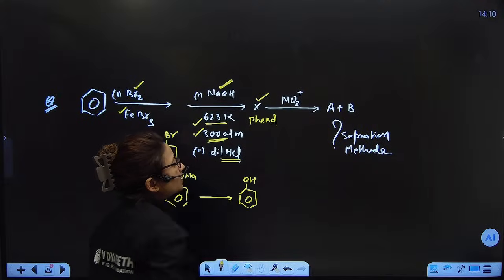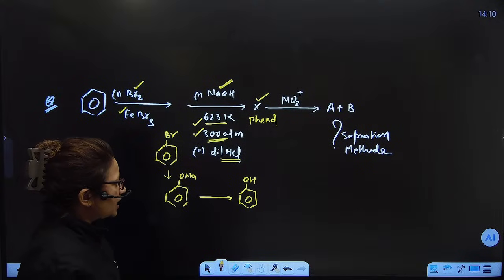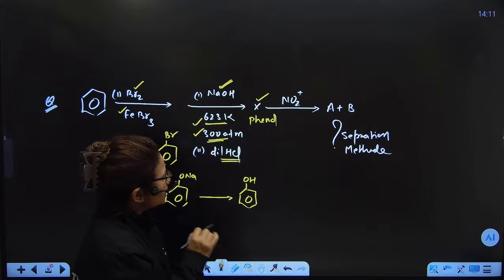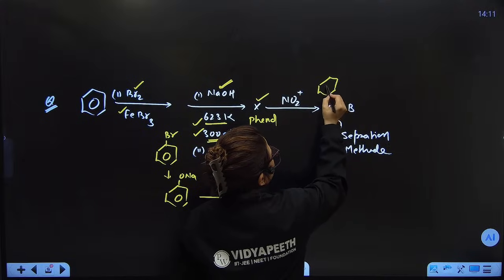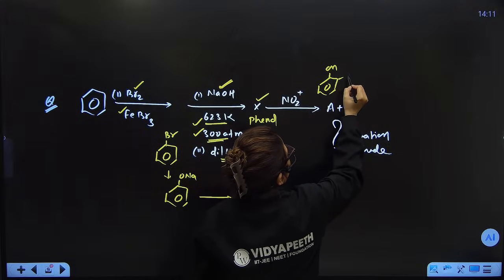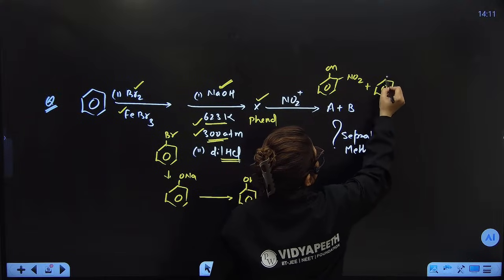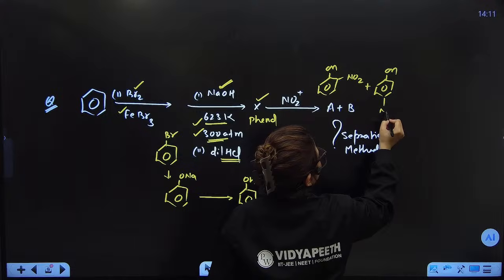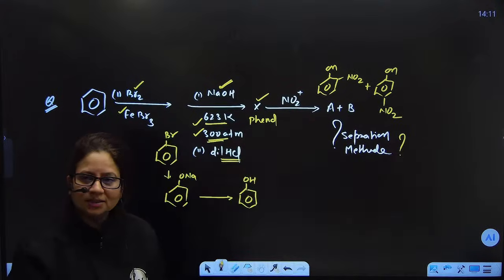Now when phenol is treated with NO2 positive, it's an aromatic electrophilic substitution and we must learn it. It's clearly given in the NCERT, a very important reaction. One we have orthonitrophenol and the other we have paranitrophenol. Now the question is the separation method.